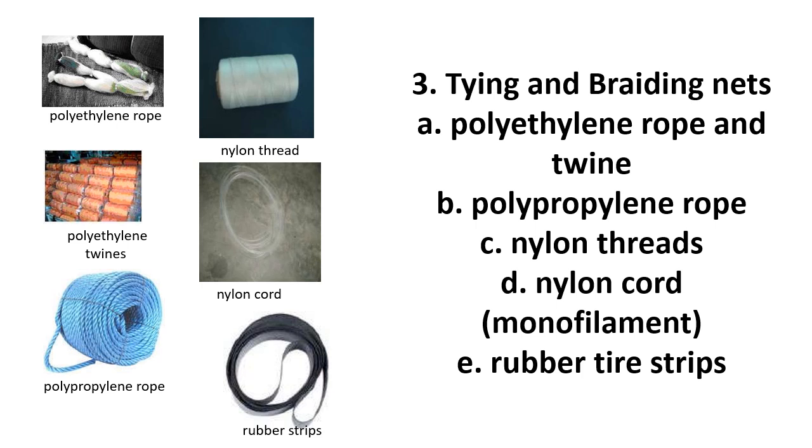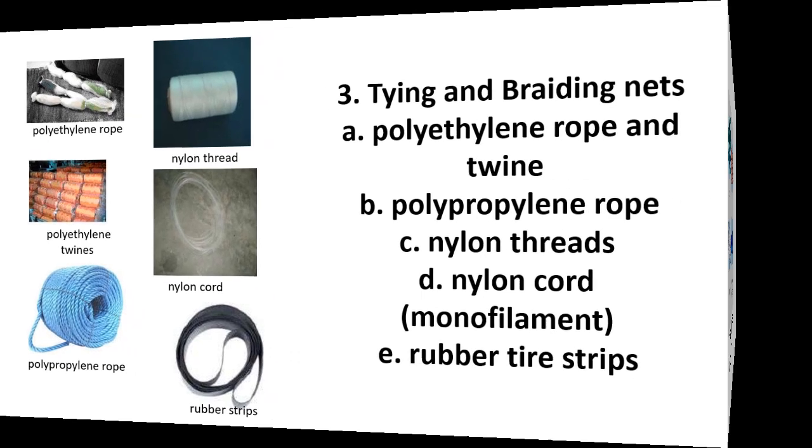For tying and braiding nets, we have polyethylene rope and twine, polypropylene rope, nylon threads, nylon cord, and rubber tire strips.